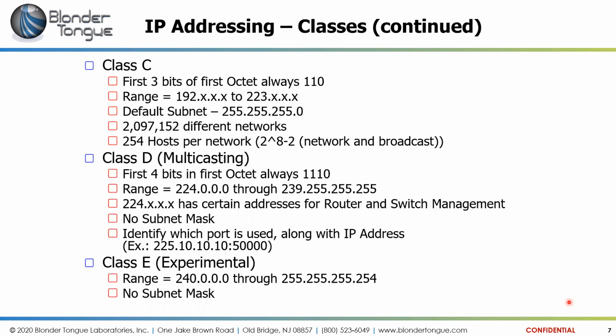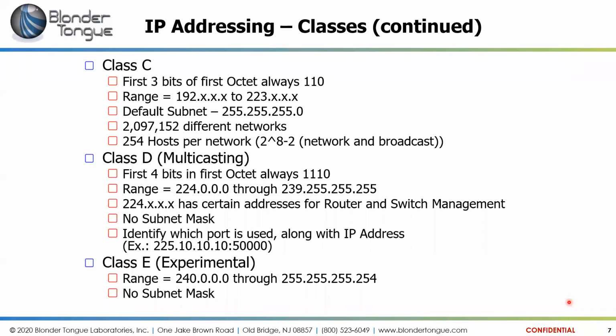The 224 range has certain addresses assigned to it dedicated to router and switch management. So typically it is a relatively large range. We're not going to use all of that range for multicasting. I have never seen a system use anywhere near that amount of addressing for multicasting through a system.